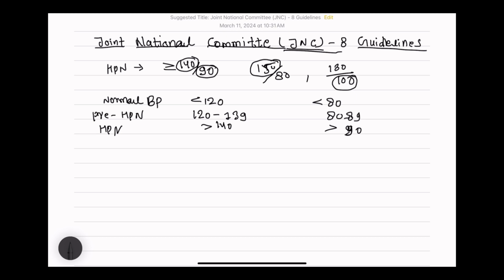90 diastolic. The JNC 8 also categorized hypertension into grade 1 and grade 2. So how can we differentiate grade 1 and grade 2? Grade 1 hypertension is a BP of 140 to 159 systolic and diastolic 90 to 99.